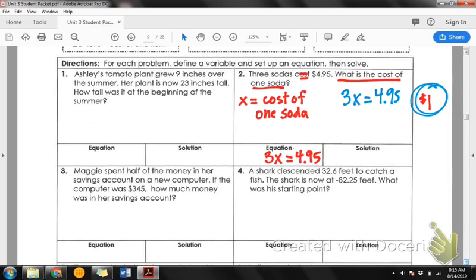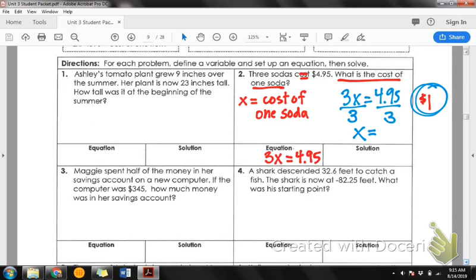So how do we get the x by itself? Everyone should be saying that if you were here yesterday. We should divide each side by 3. 4.95 divided by 3, you can use a calculator for this. 4.95 divided by 3, someone check Terry's math. He said $1.65. Is Terry correct? $1.65, is that what we're getting?